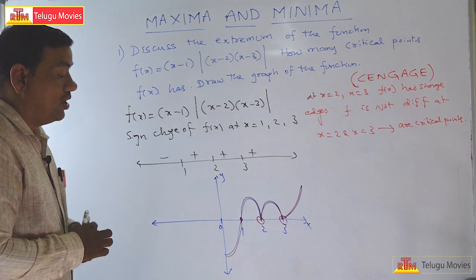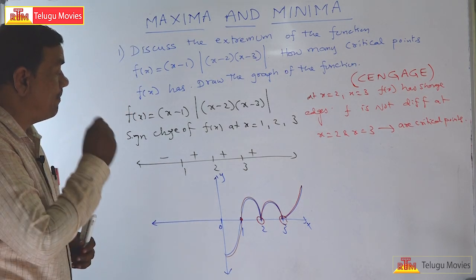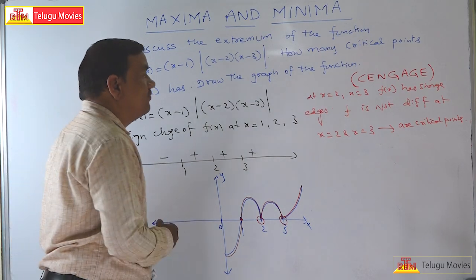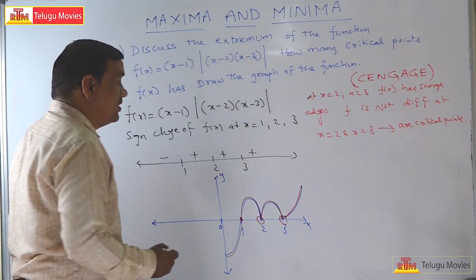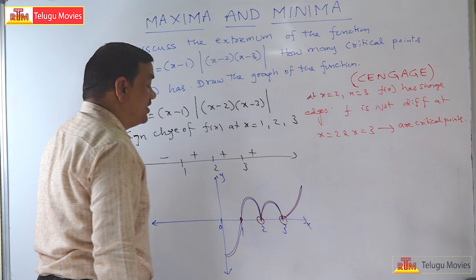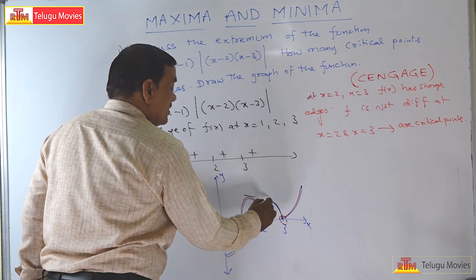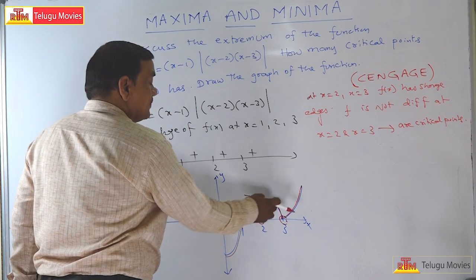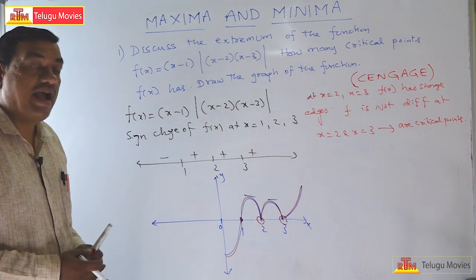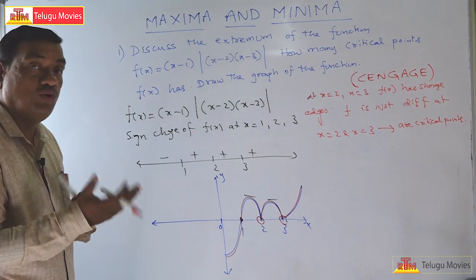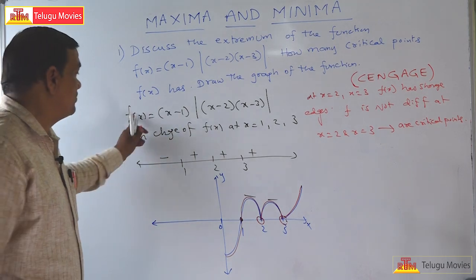Now, what is the point of maxima? Since 2 and 3 are critical points, and 1 is also there, from 1 to 3 there is a chance of getting points of maxima between 1 and 2 and between 2 and 3. For that, let us find it out.